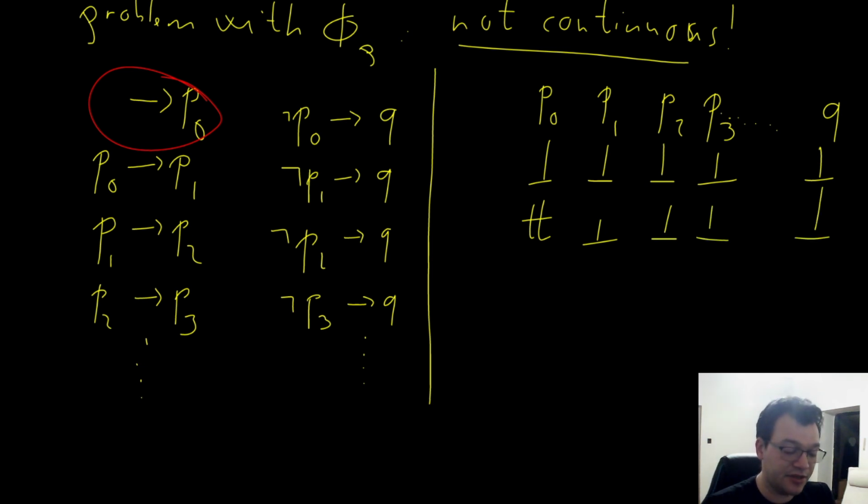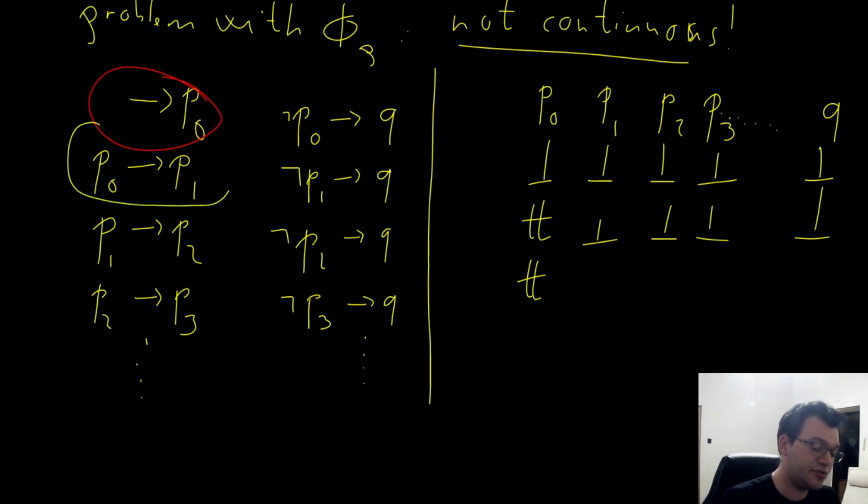But then in the next step, because of the clause from p0 to p1, I already know that p0 is true, and this is the largest element according to the truth ordering, so I will have to set p1 to true.